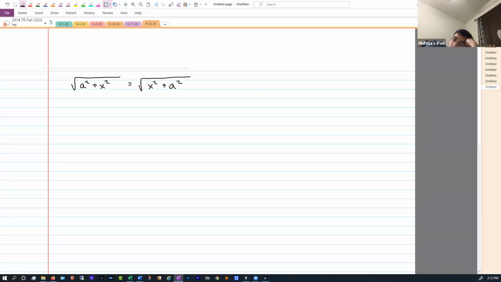And that is, what if there's not even a minus between them? What if it's A squared plus x squared? Or because it's addition, it doesn't matter, you could write it the other way around. What about in that situation? Would we use sine or cosine here? Sine or cosine? Yes.